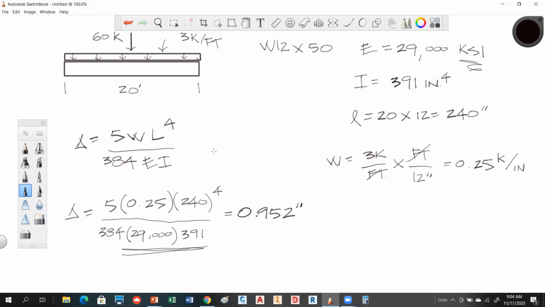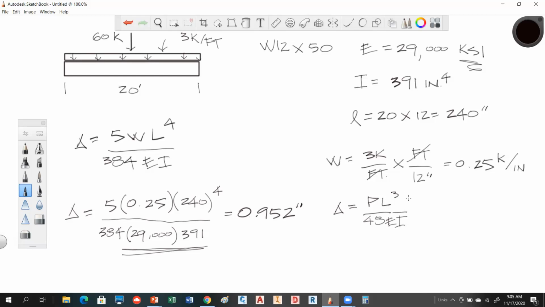But if you look at those diagrams there, you don't have any formula that relates that and that at the same time. But what you can do is calculate this one using this equation. And if you notice right below it on the table, for a concentrated load at mid-span, they have another equation that says your mid-span deflection would be equal to your force times L cubed divided by 48 EI, the beam stiffness.